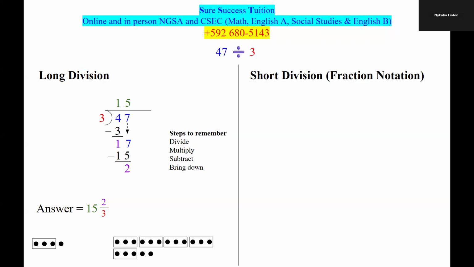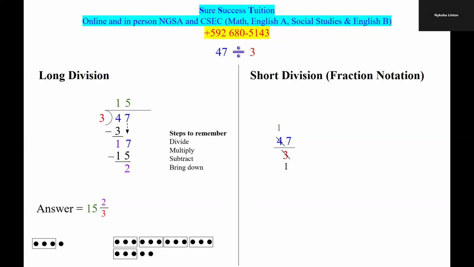Now let's see short division in fraction notation. Note the similarities. So we set up the problem like a fraction. And we say 3 into 3, 1. And we divide digit by digit, again starting with the highest valued digit, which is the 4. So 3 into 4, we know it's 1. But we had a remainder of 1. So what do we do with that remainder of 1?